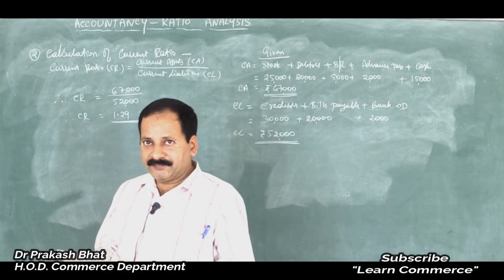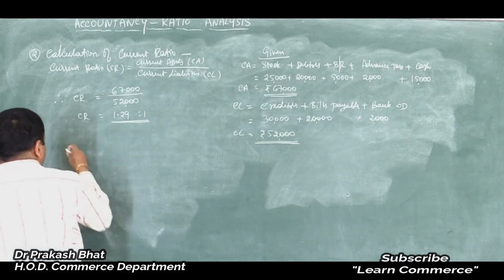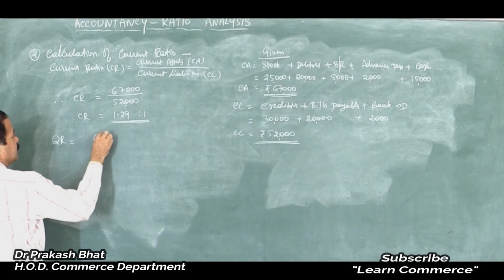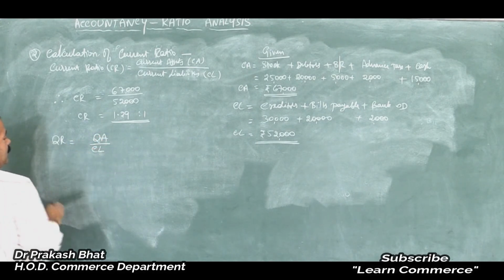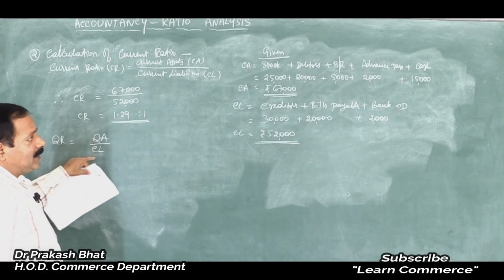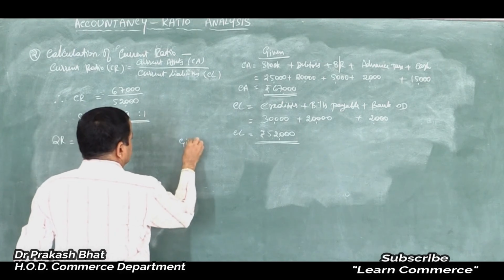Okay. So quick ratio is equal to quick assets divided by current liabilities. Quick assets you have to calculate. Current liabilities you already have, 52,000, right?